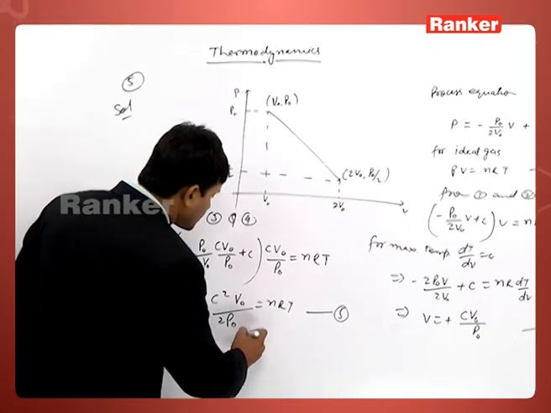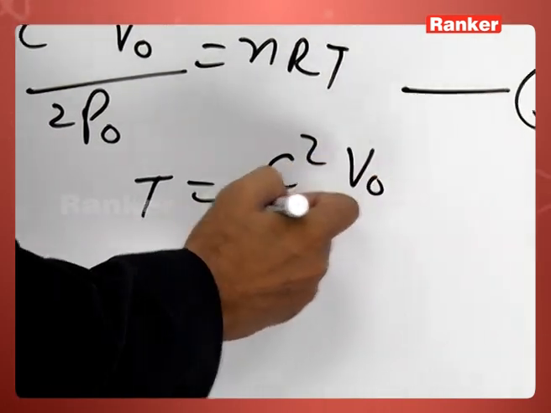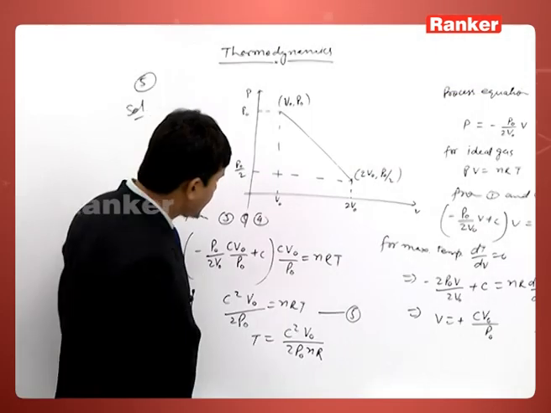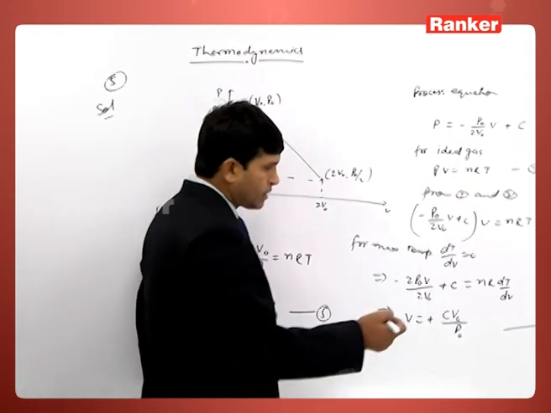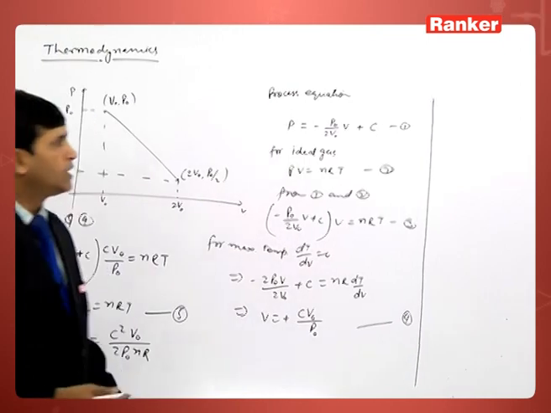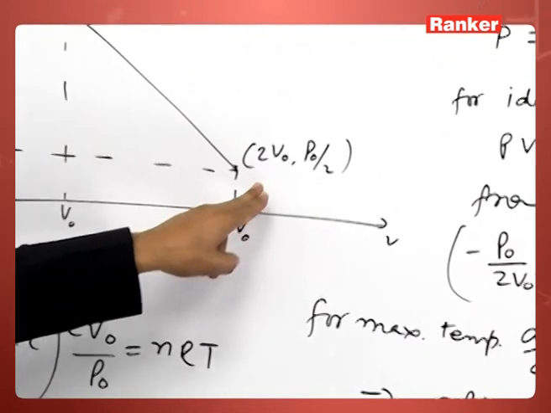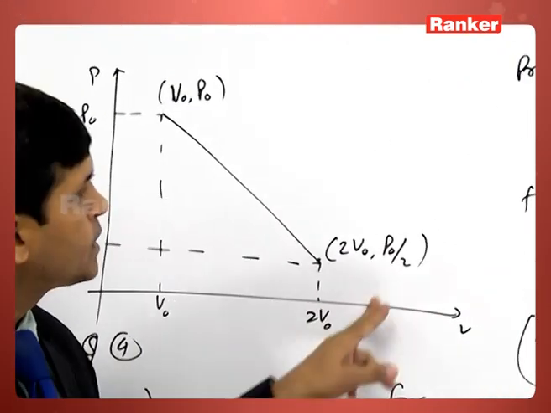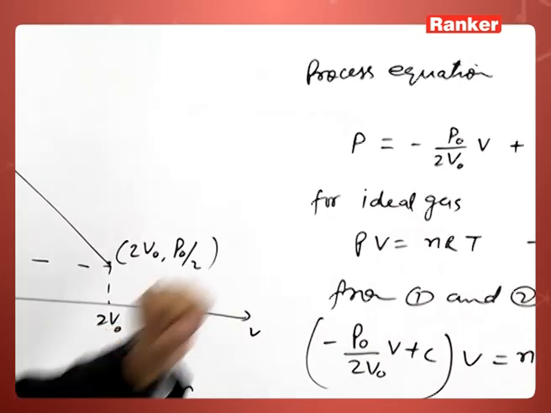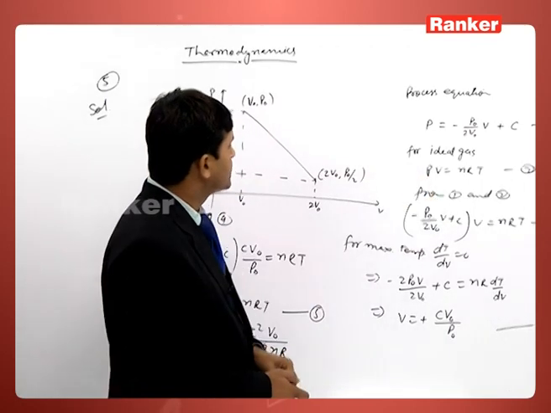So T is equal to C square V0 by 2P0 nR, and now from here the C value we will determine. Now substitute the value: as V is 0 when P is 0, we can get the relation between these.